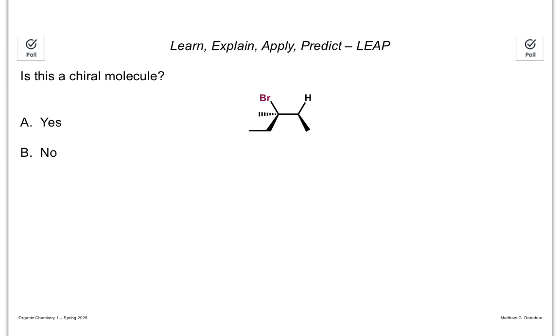Is this molecule chiral? So is there a stereogenic center? The answer is no. Again, don't get fooled by what that's telling you, because if you redraw it, essentially the molecule looks like this.